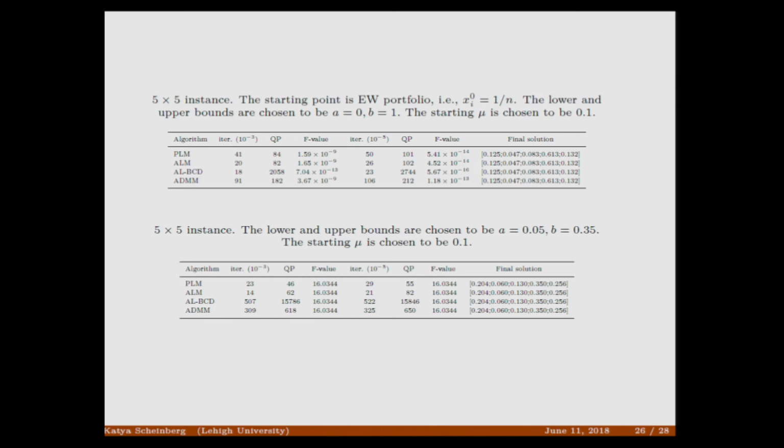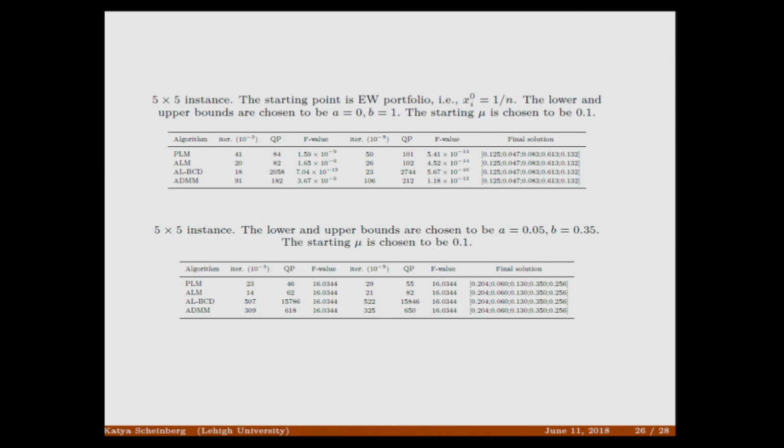ALM, however, is still way more efficient than ADMM for a very simple reason: you can do the step size adjustment, whereas here we had to pick mu small enough. And the same thing here. Again, this is converging really fast to a very good accuracy of solution.